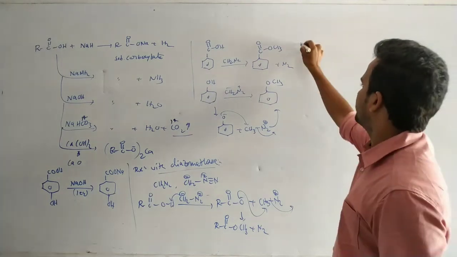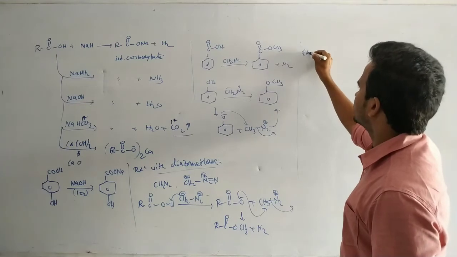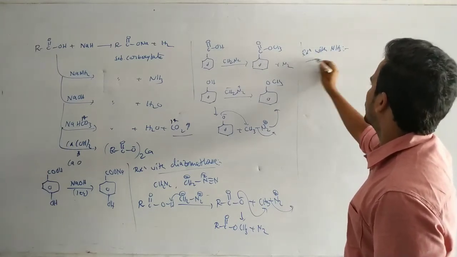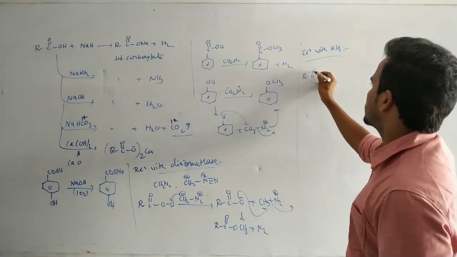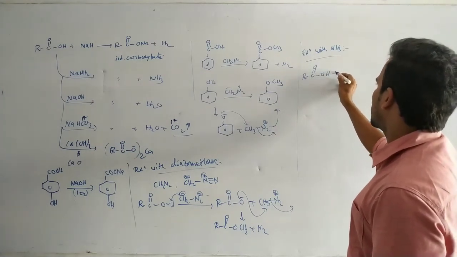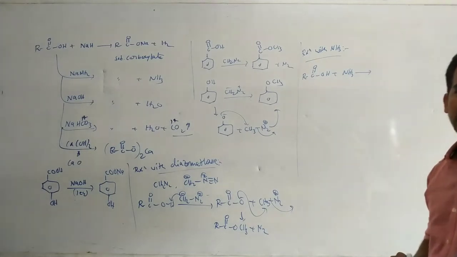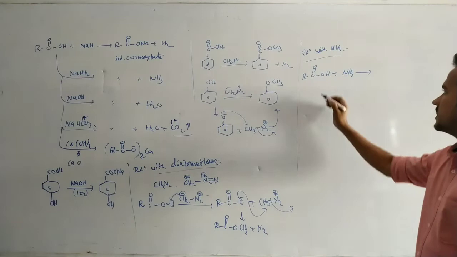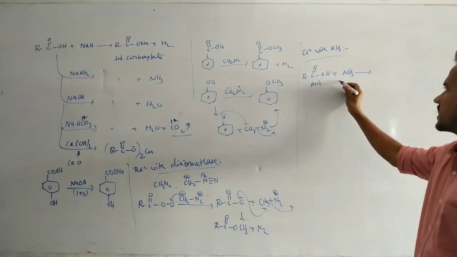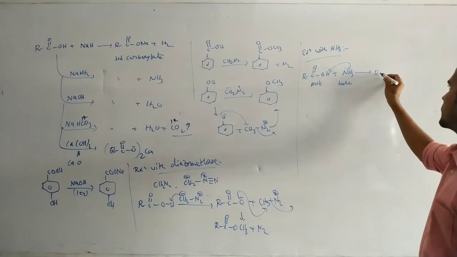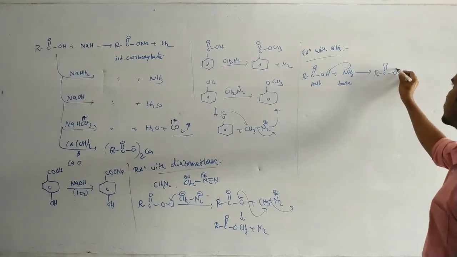Next, reaction with ammonia. This carboxylic acid on reaction with ammonia: the acid is acting as an acid and ammonia is acting as a base. So first an acid-base reaction takes place.